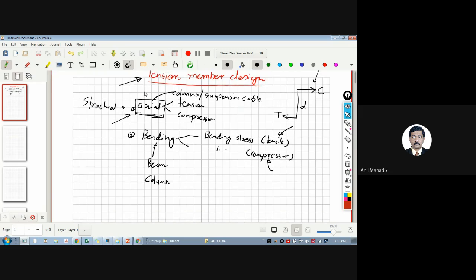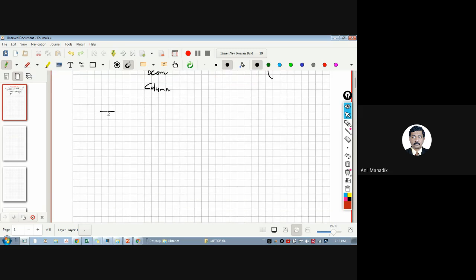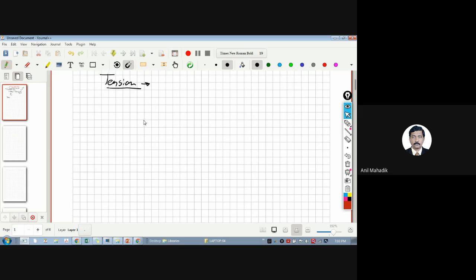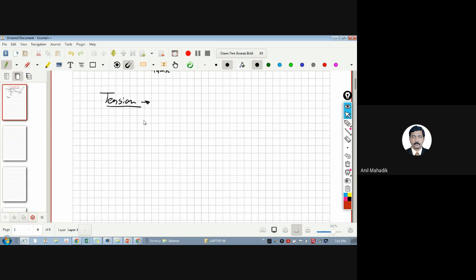So can anybody tell me what is meant by tension? Yes, what is tension? Extension of component.